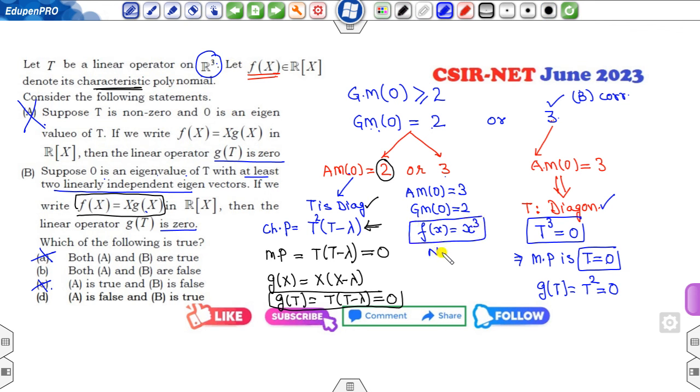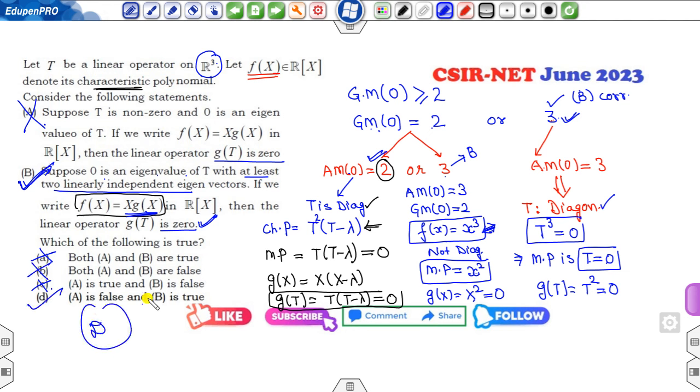This is not diagonalizable, so the minimal polynomial is not linear, and since the geometric multiplicity is 2, the minimal polynomial is x square. Now based on x cube, you can find g(x), which will be x square. But x square is the minimal polynomial, so g(T) must be 0. So this case is also correct. In all the cases, B is the correct answer.